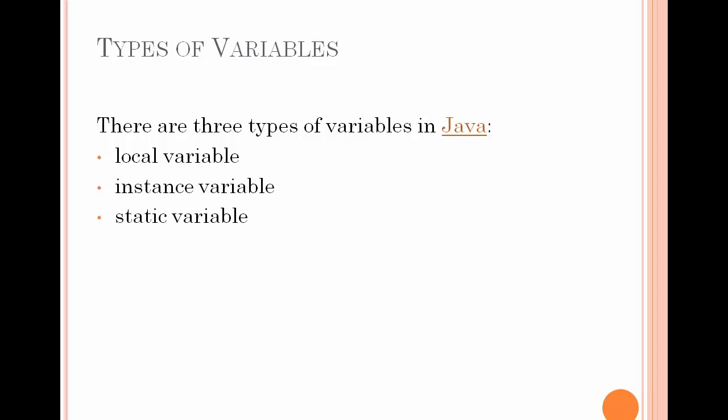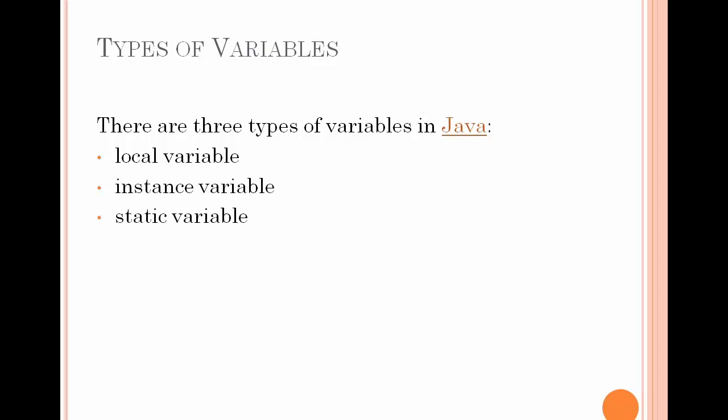If any variable is declared inside a method, it is called a local variable. You can use this variable only within that method, and the other methods in the class are not even aware that the variable exists. And one more thing, local variables cannot be defined with the static keyword.